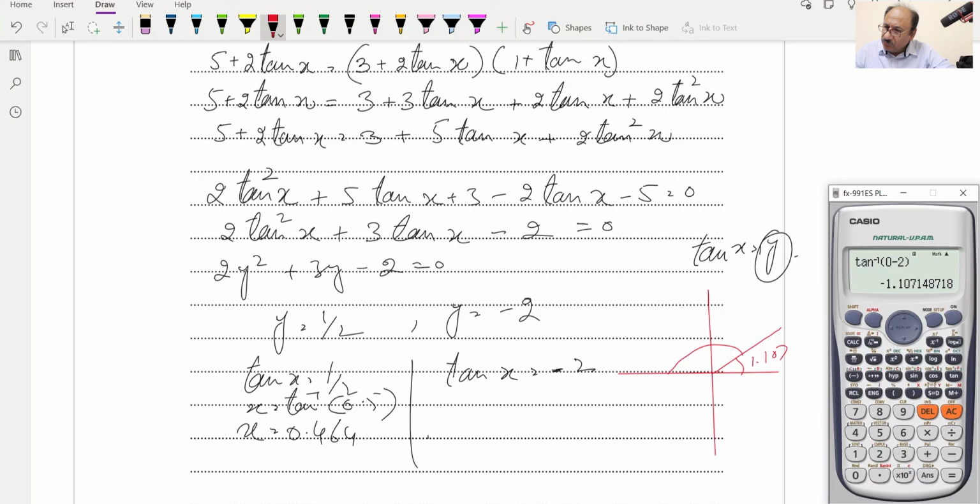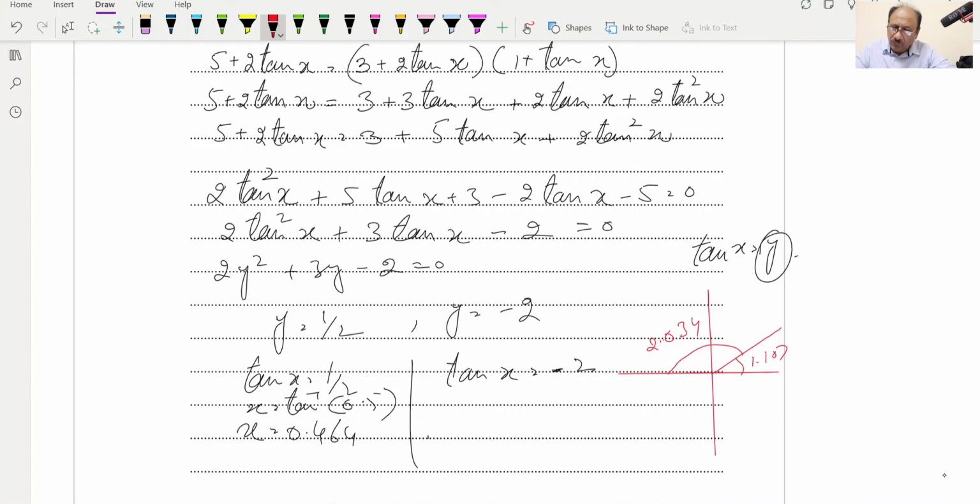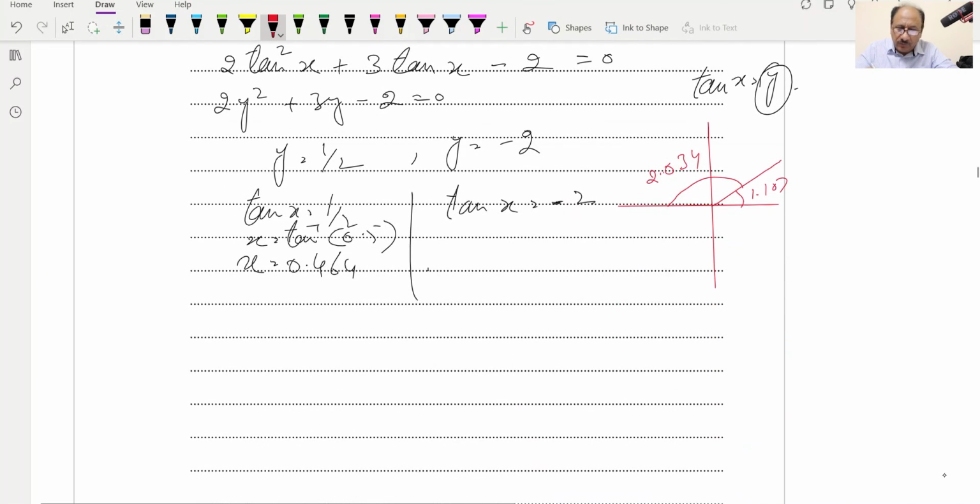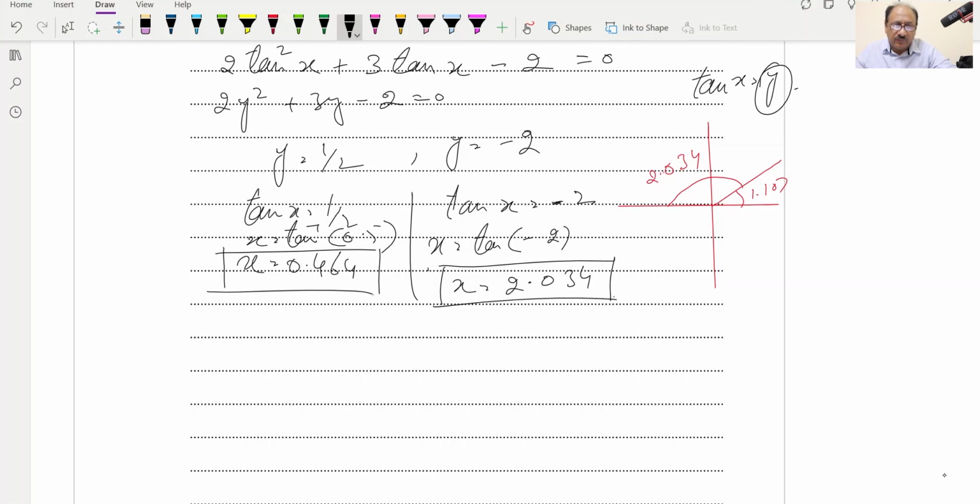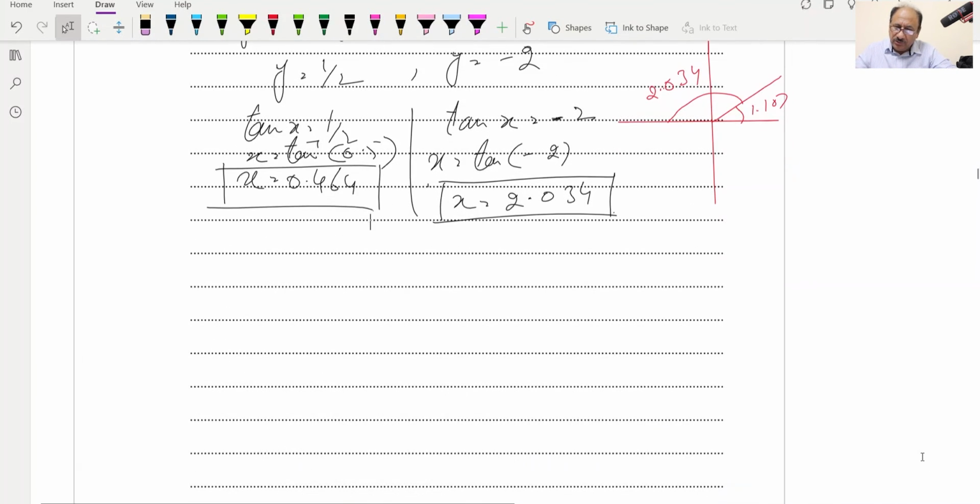So this will be equal to pi minus 1.107, and this will be equal to 2.034. So our answer for this one, we can write, is x is equal to tan inverse of minus 2 and the reflex angle, so x will be equal to 2.034. This will be the answer for this part, and hopefully you understood. This is done.